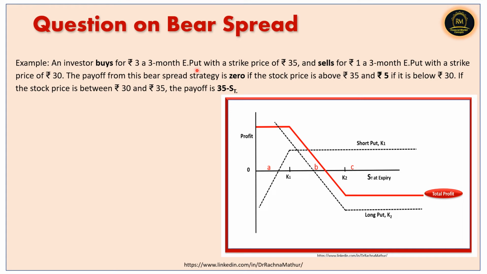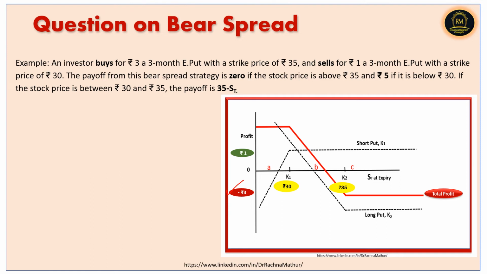So the expiry period is the same, 3 months, for both the long and short put. Now you are buying a long put for 3 rupees, so you pay 3 rupees, and you are receiving 1 rupee for shorting a put at 30.